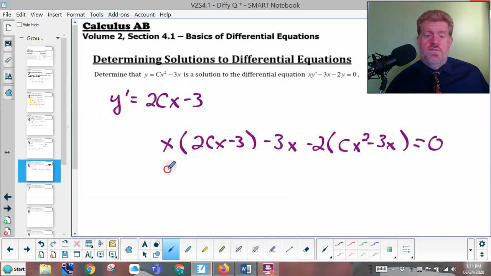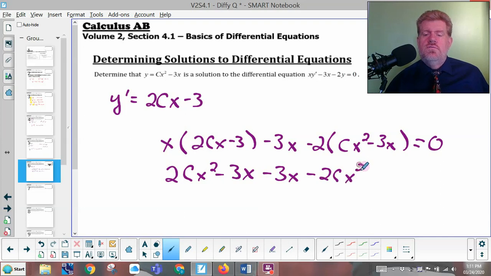So I'll distribute that through. Be careful. Don't do what I do and sometimes forget to distribute a negative through. But here you can see that 2cx squared minus 2cx squared definitely becomes 0.